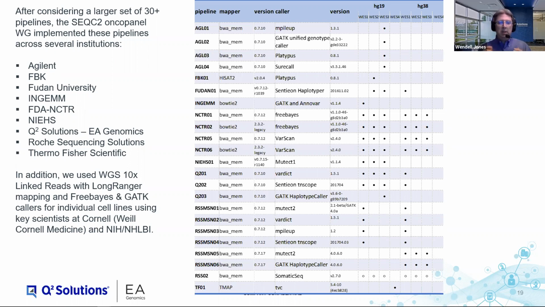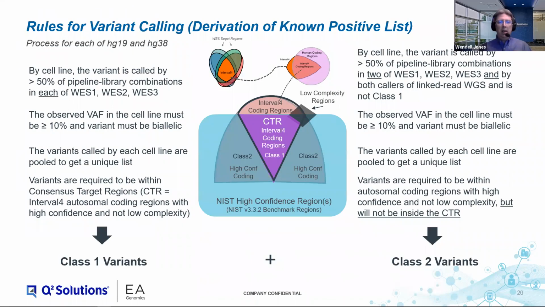So this was the initial set of both mappers and callers that were used to identify potential variants both in HG19 and HG38. And then we had to determine the final rules for saying, okay, which variants that come out of these pipelines are we going to say are positives?